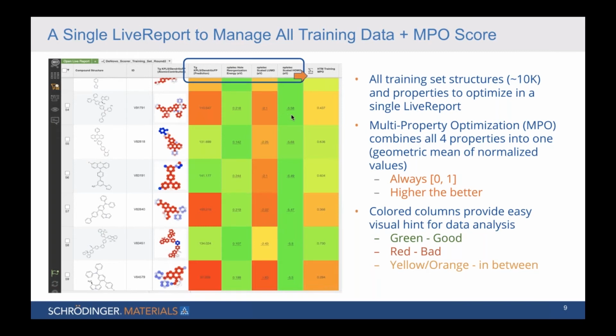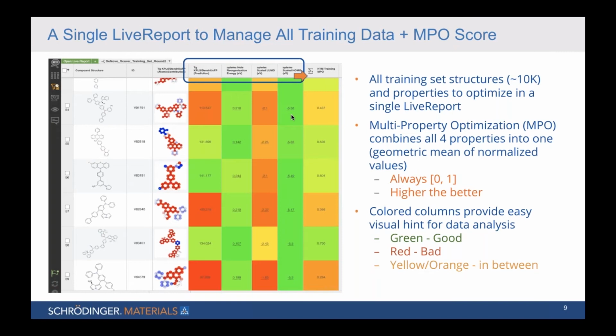Now that we have all this data in the live report, our goal in this study is to use machine learning to generate structures with not just the best single property, but a combined property profile of all these properties together.